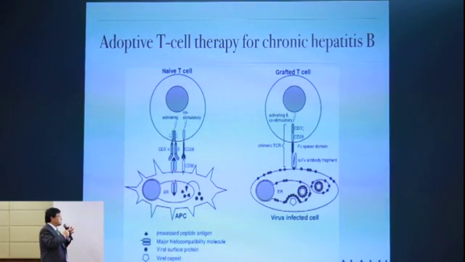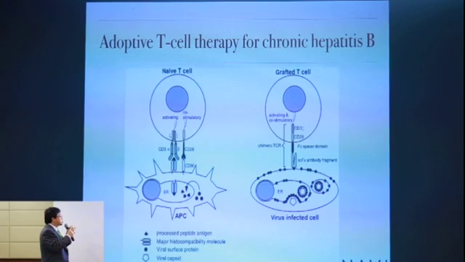But the T cell must be activated. How do we activate it? For the naive T cell to become a powerful cell that kills virally infected cells, it needs the antigen presenting cell, sometimes a dendritic cell or macrophage.